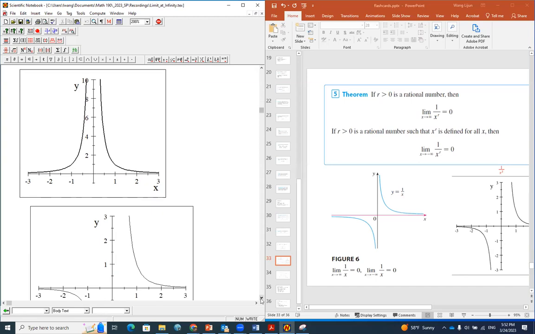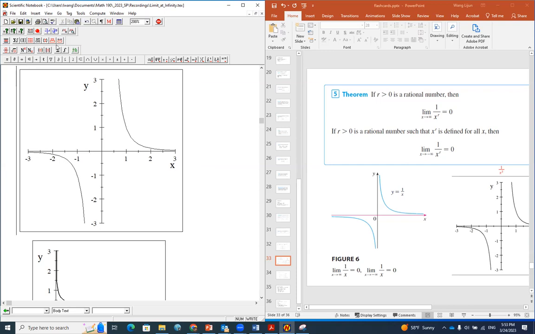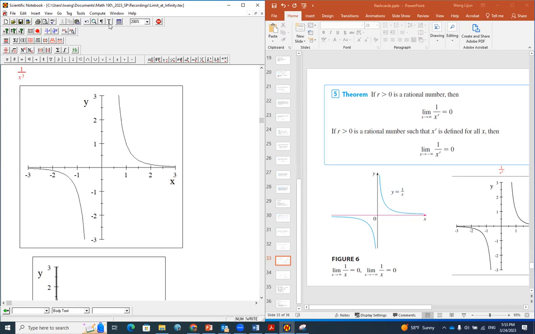The next picture we have here is 1 over x to the power 3, another example. r is 3.